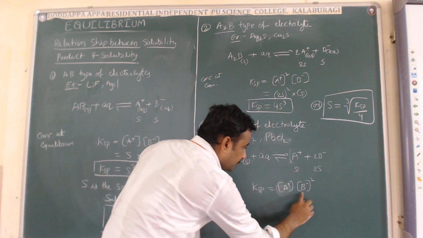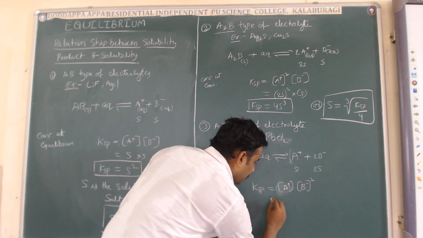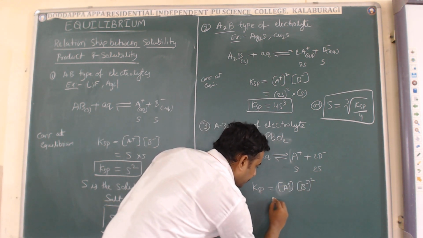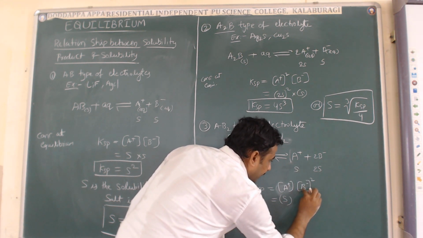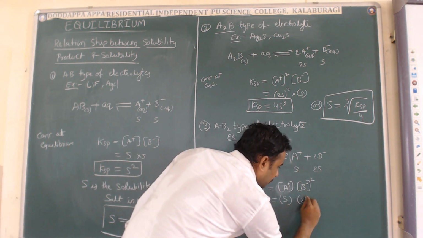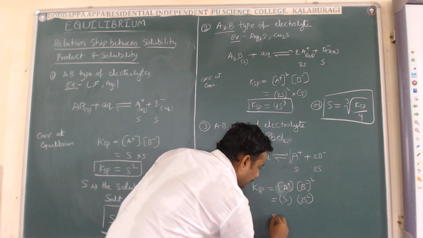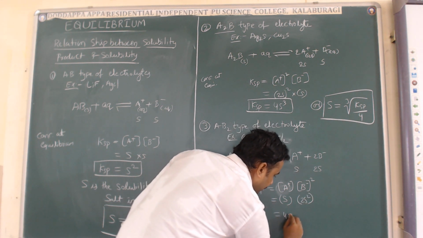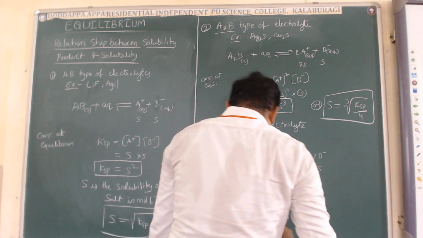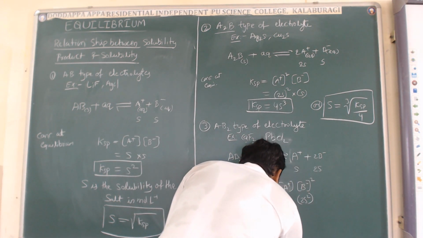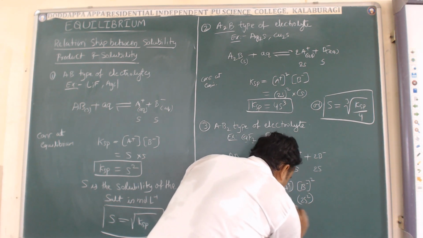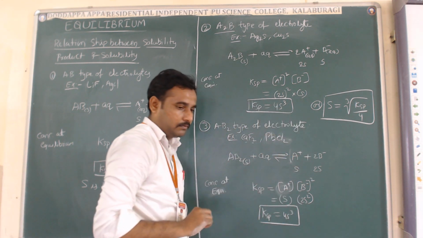Since the square is there, you write 2S square. Multiplying this, you get 4S cube. KSP is equal to 4S cube.